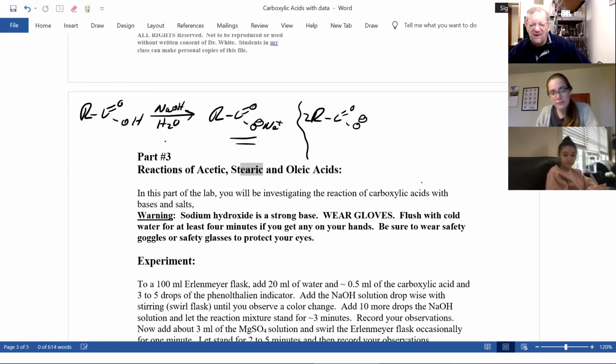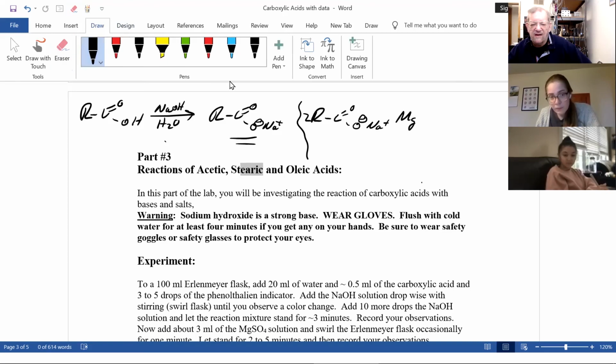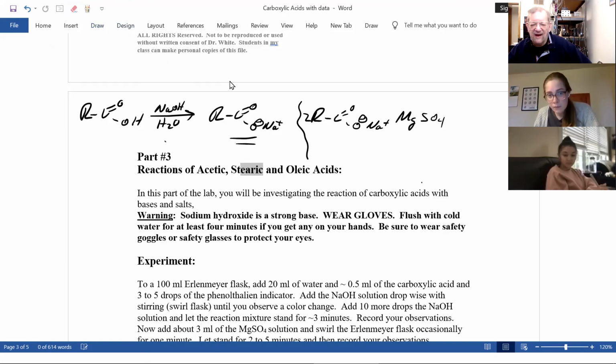If you take a carboxylate anion and react it with magnesium sulfate, otherwise known as Epsom salt, magnesium is really a +2 cation.